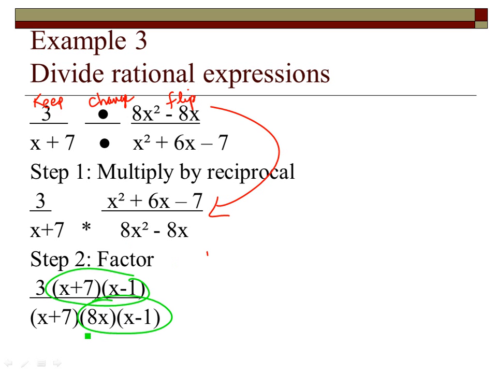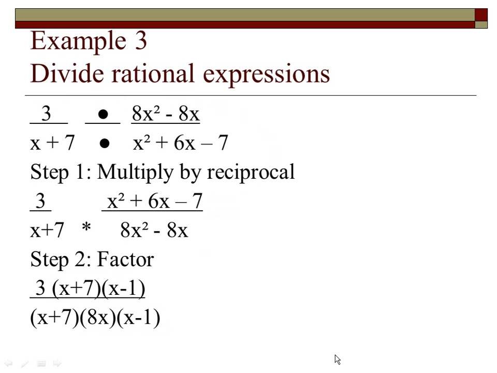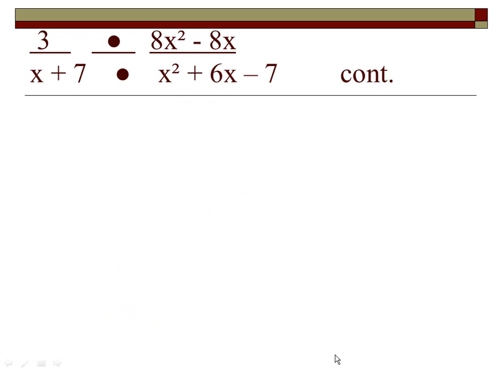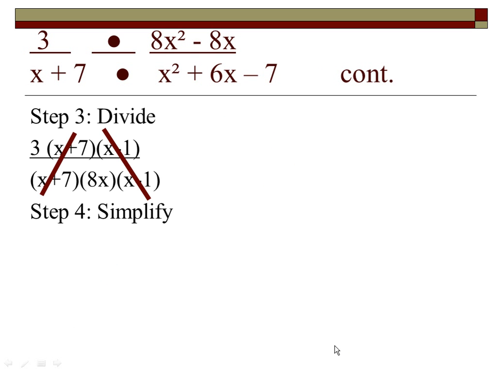So they just put everything together, which is the same thing as if you did not put everything together, but you just know that it is 1, right? And then we cancel all common factors. When we cancel all common factors, we will simplify, and we get the answer 3 over 8x.